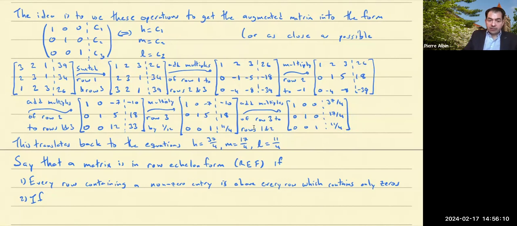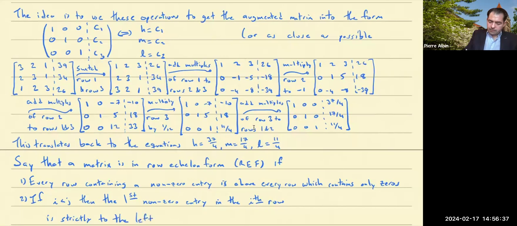And so I want if i is less than j, then the first non-zero entry in the ith row is strictly to the left of the first non-zero entry in the jth row.